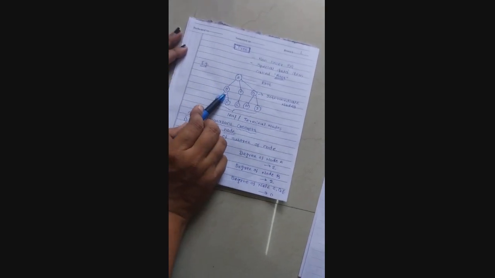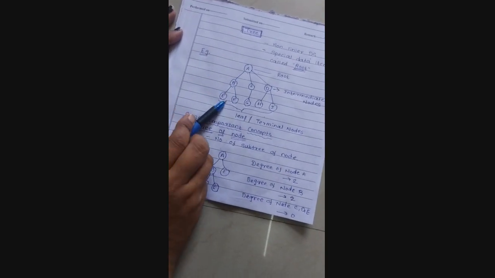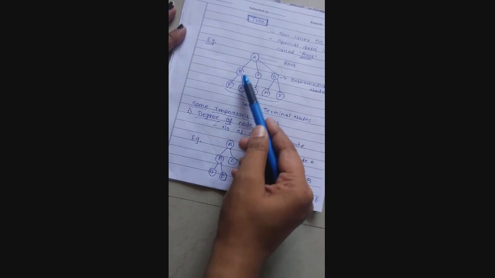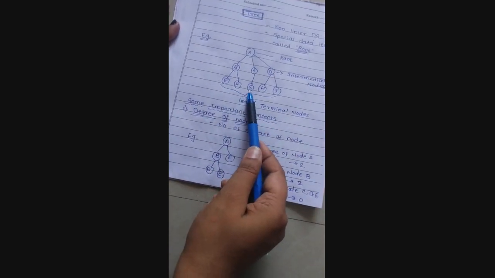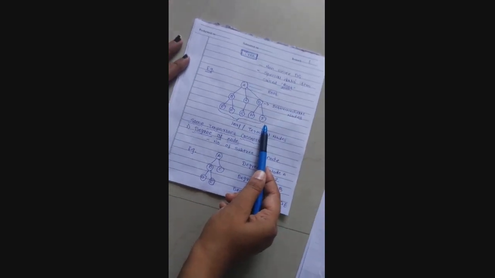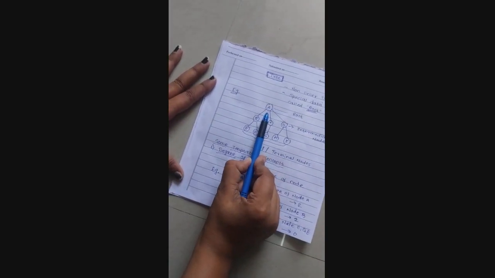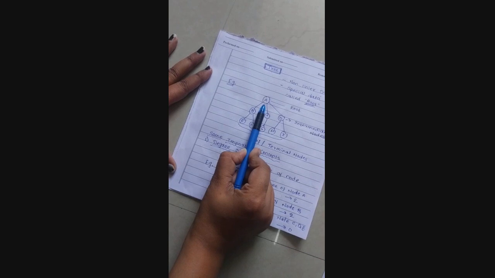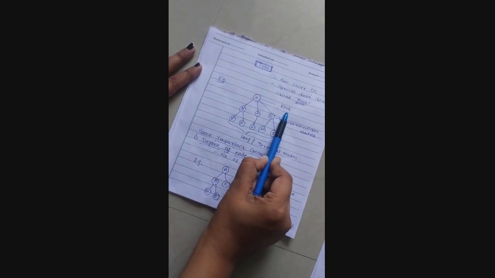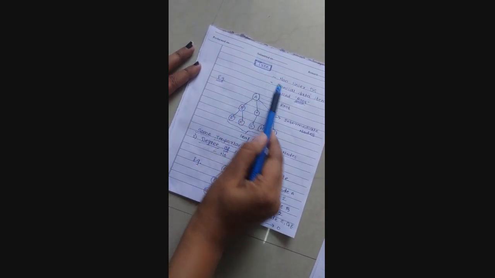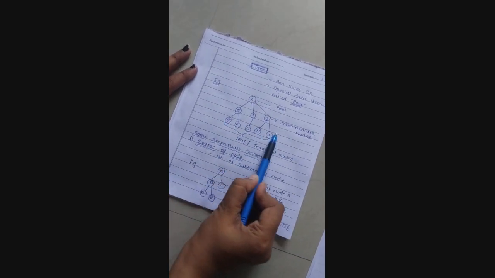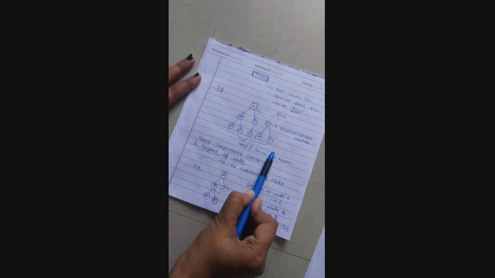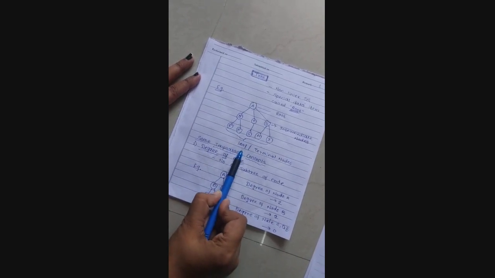Look at this figure. Here some nodes you can see. Node A, B, C, D, E, F, G, H and I. Here the topmost node, that is A, is called as the root. Every tree has its root and the last level of that tree is called as the leaf.